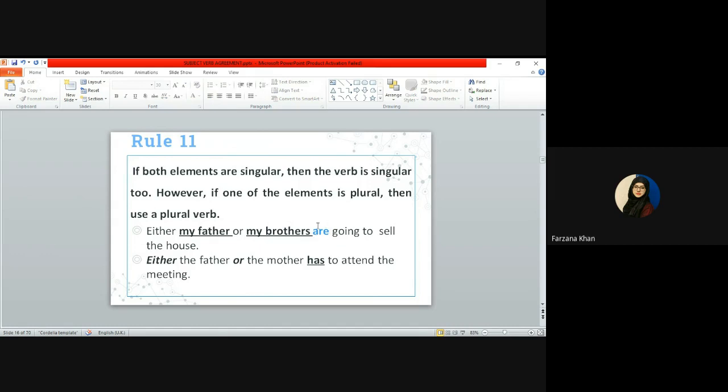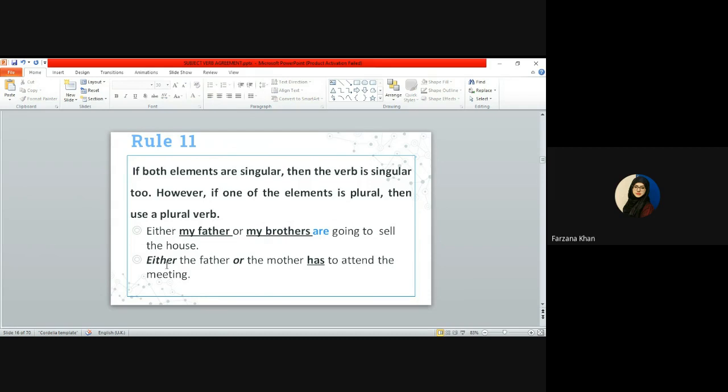Then we will add plural verb here. If one subject is singular, the other subject is singular, and both have been connected by either or, then you will go for singular verb, right? But here we have one singular and the other plural. That's why we will add plural verb here.